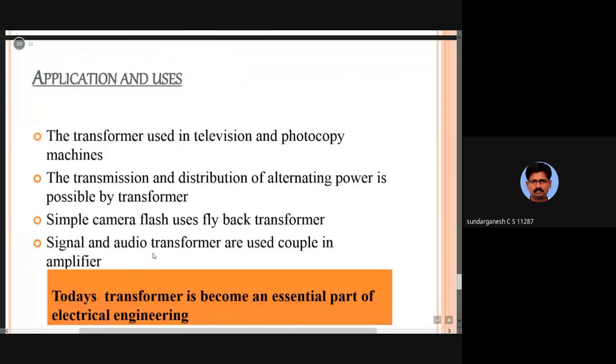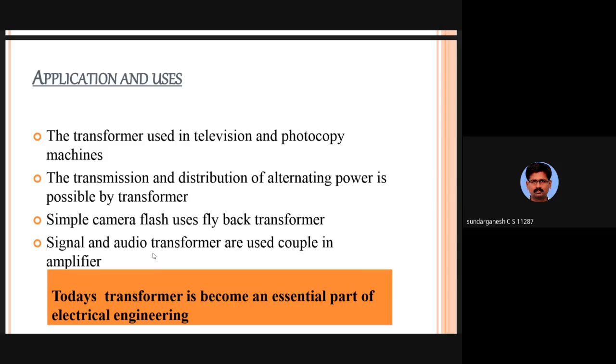Next is applications and uses. Transformers are used in televisions and photocopy machines. They are used in cameras as a flyback transformer, for coupling in amplifiers, and on the transmission and distribution side. Many transformers are available on the roadside on the distribution line for your house.